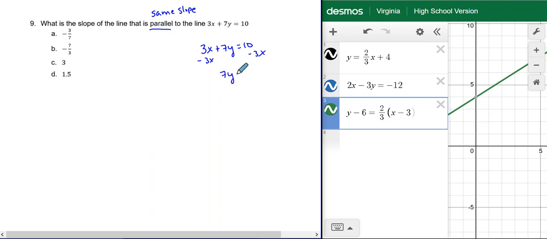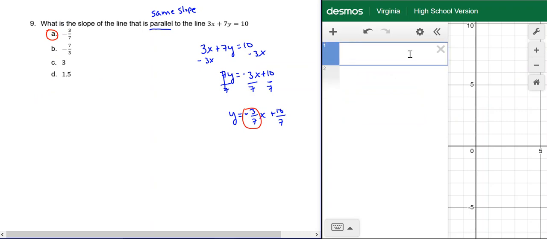So that's 7y equals -3x plus 10. And then divide by 7, divide by 7. So you have y equals -3/7 x plus 10/7. Once I do this, I can tell what my slope is, which is -3/7. And since it has to have the same slope, that would be my slope. Okay.